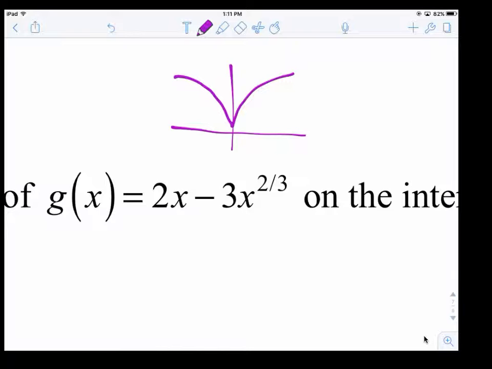No, this should be at 0, 0. Three-fifths would look a little bit different.